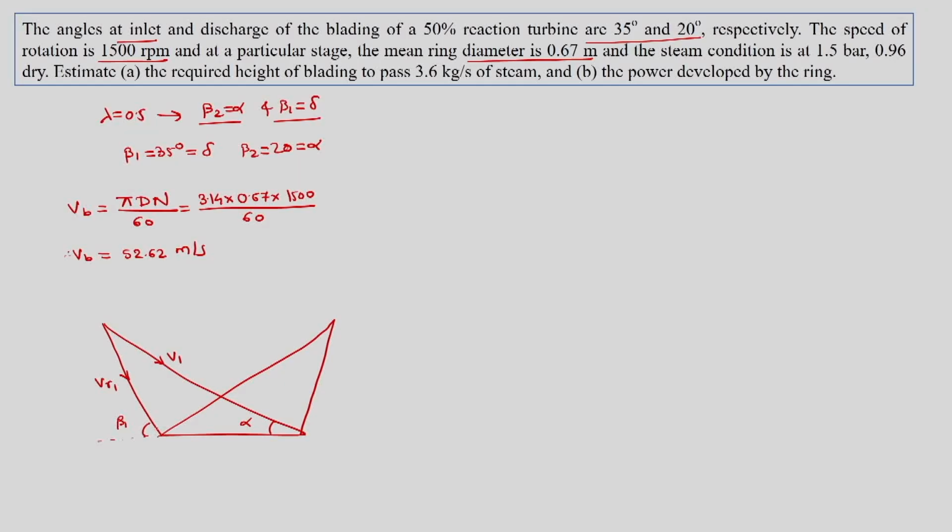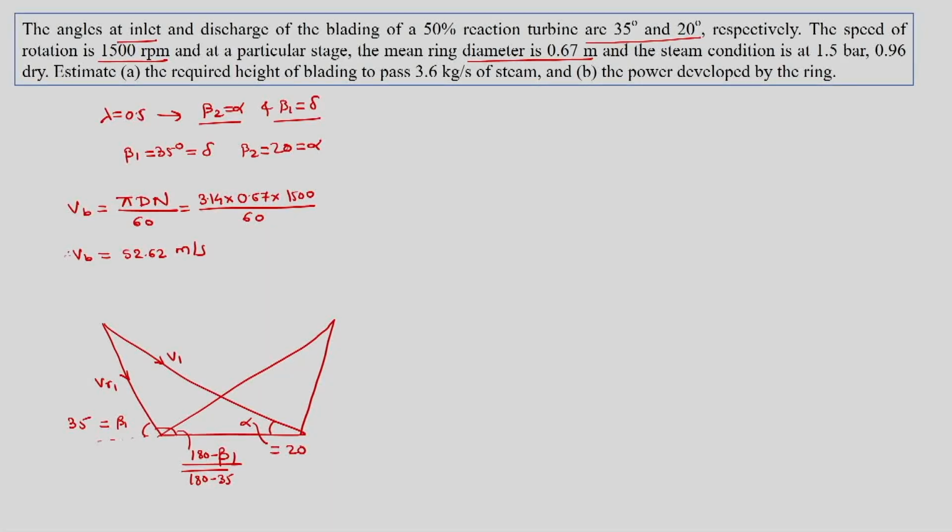So this will be 180 minus beta 1, and for us beta 1 is 35, so 180 minus 35, and then this alpha is given to us as 20 degrees.